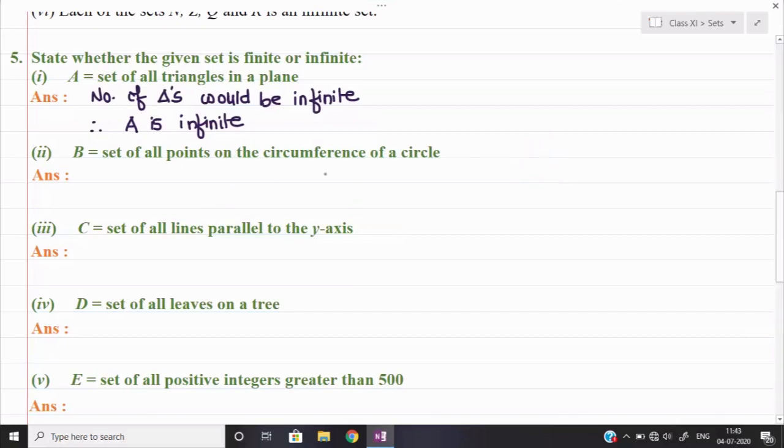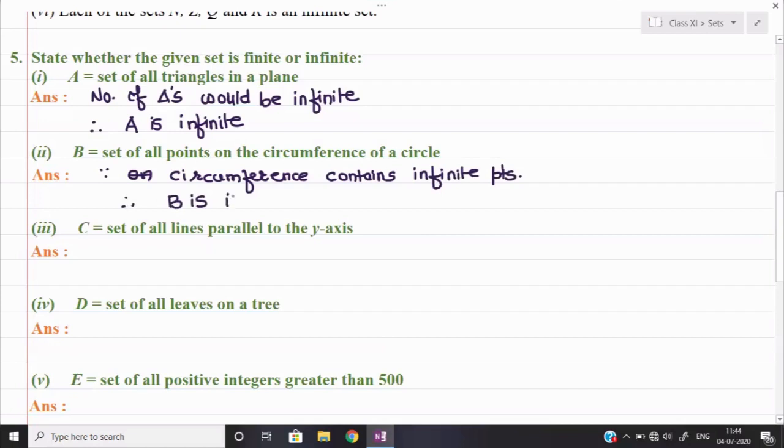Okay, because a circle is made up of an infinite number of points, so we can say that the circumference contains infinite points, therefore B is also infinite, right?